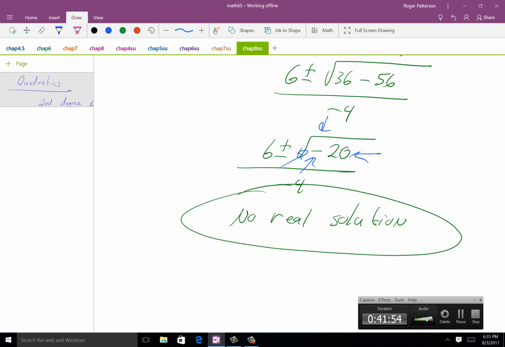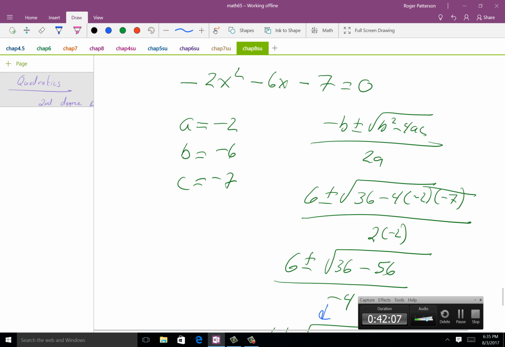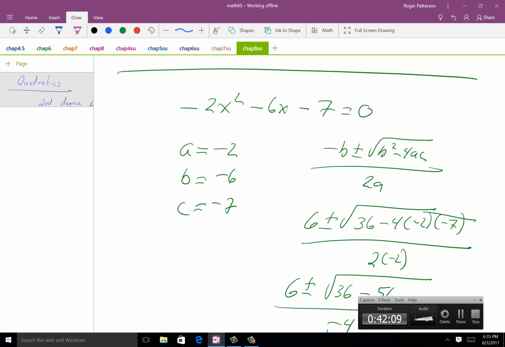If I go to graph this, that's what I want to show you. Type in the original equation here, negative 2x squared minus 6x minus 7. Okay, so here's my equation. Notice it doesn't touch the x-axis at all, because it's all down here.